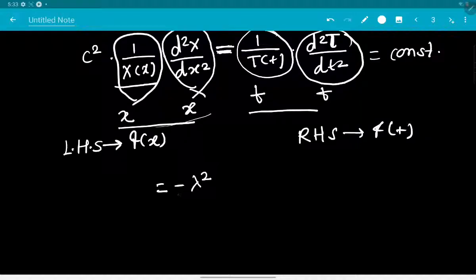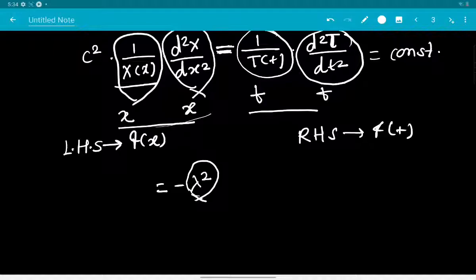So it has to be a negative number. Lambda is a real number, so if lambda is real, then lambda square will always be positive, and hence minus lambda square will always be negative. You can prove it that way. However, right now we are assuming that this is true. Okay, let's go ahead with that assumption and see what it is that we get.